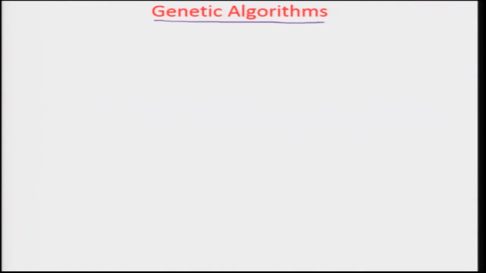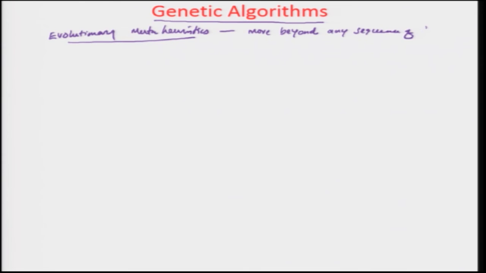And we come to the last aspect of the meta heuristics, which is what we call the genetic algorithm. Mostly people call this evolutionary meta heuristics. So why is it called evolutionary meta heuristics? Here, we move beyond any sequence of single solutions.